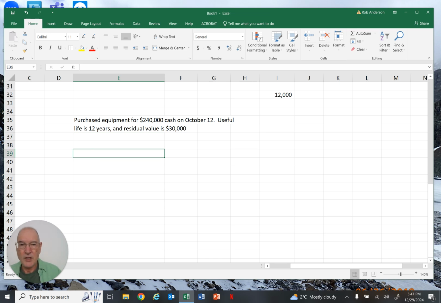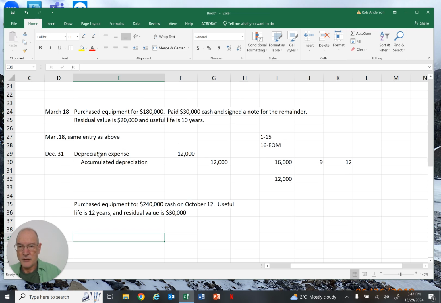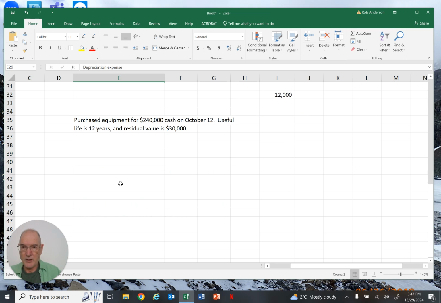Okay, so let's say you've figured this out, and let's note that the entry to record depreciation in terms of the ledger accounts is always the same. So we have depreciation expense and accumulated depreciation.